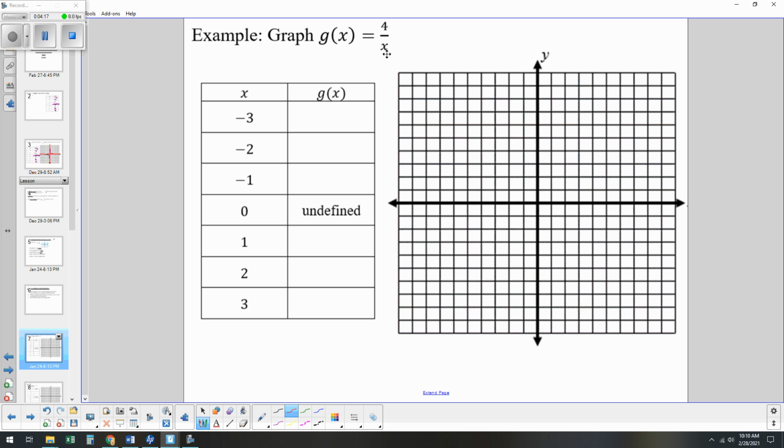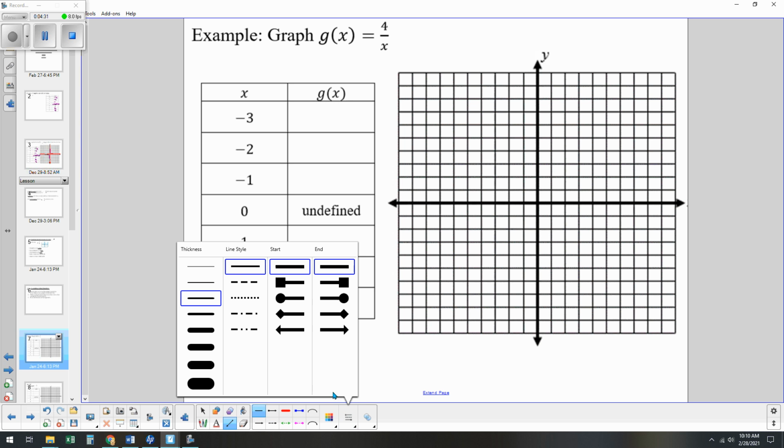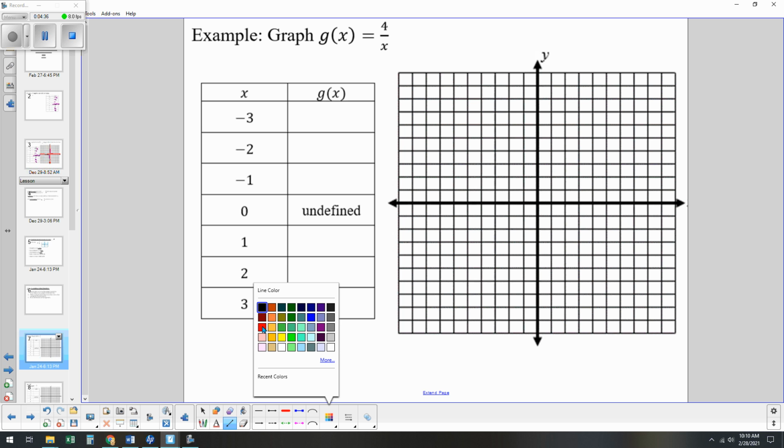So we know that 0 can't go on the bottom, so 0 is our asymptote, right? We already know this is like the parent function, so 0 will be the asymptote. So let's draw some lines on here. Let's go blue.